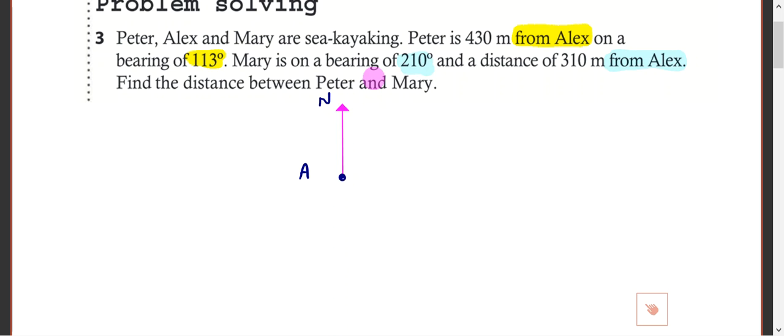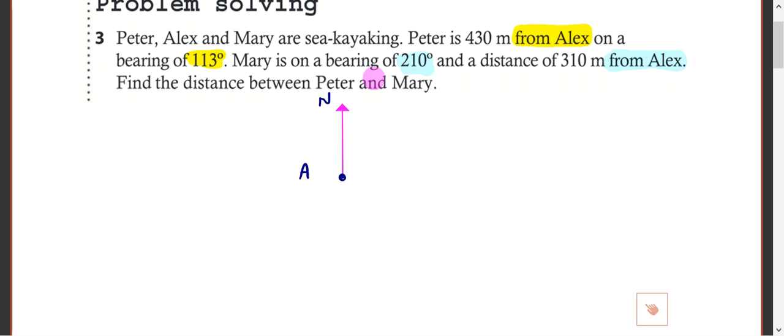If you're on a map, we would measure where north is, and then if you're told we're on a bearing of 65 degrees, you start at north and you move 65 degrees. But what's the problem with that? We need a second rule for bearings.